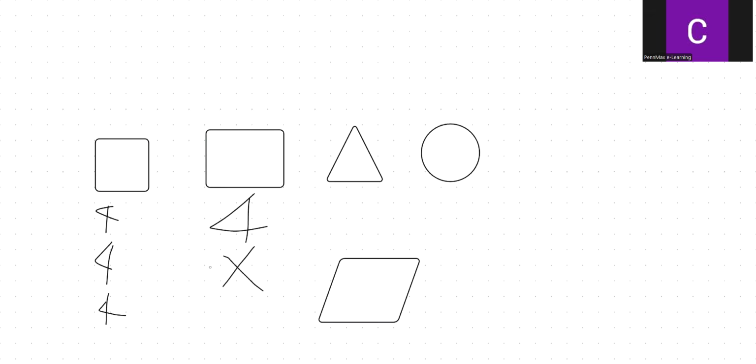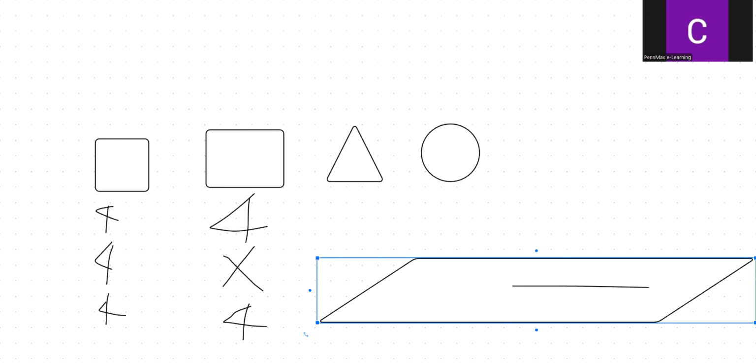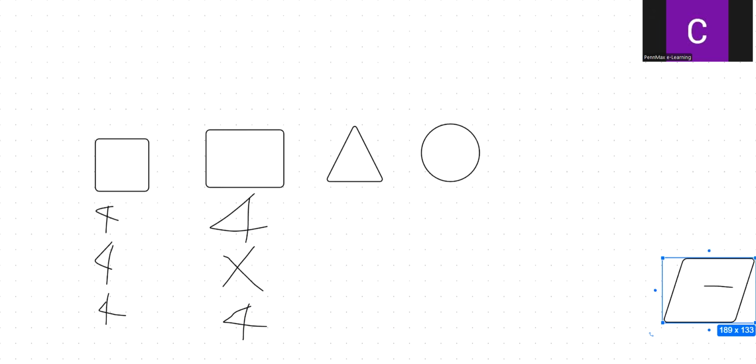So let's move this guy. Let me move you somewhere else. You just put this right here. This has four sides. This does not have equal angles.